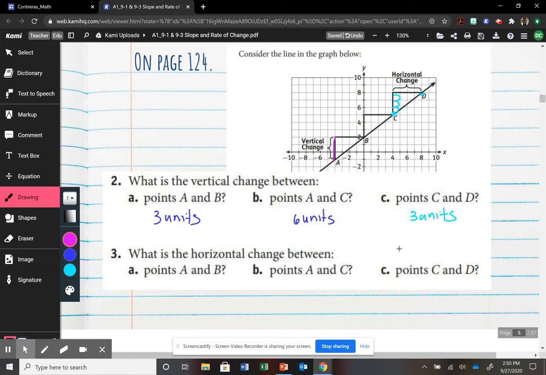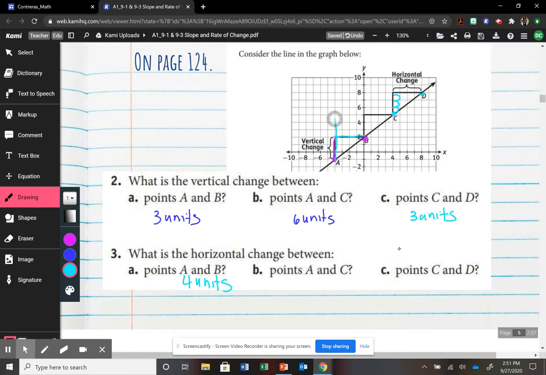Okay, so let's do the horizontal change in A and B. So here's A, here's B. Our horizontal change is here. So how many points? 1, 2, 3, 4. So here we have 4 units. Okay, between points A and C. So here's A, here's C, right?